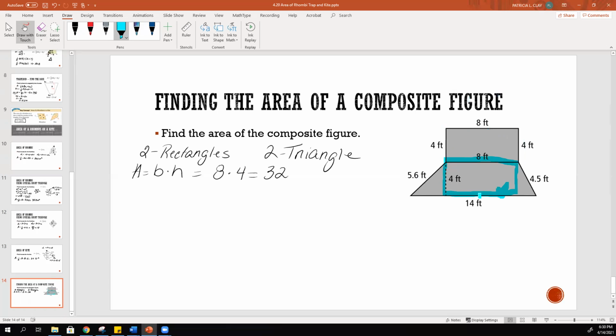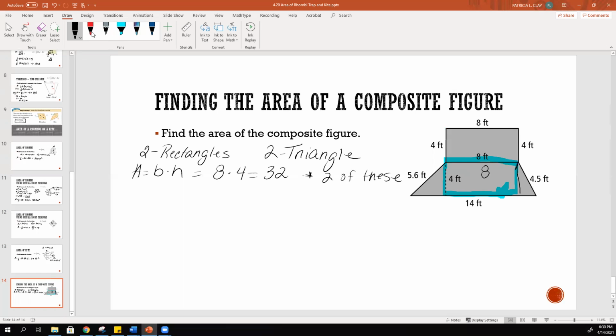It tells us this whole base is 14, but if we look closely, this rectangle right here is actually the same. If we go to this line right here, this is 8 again. So we actually have 2 rectangles with the area of 32. We have to remember that: we have 2 of these.